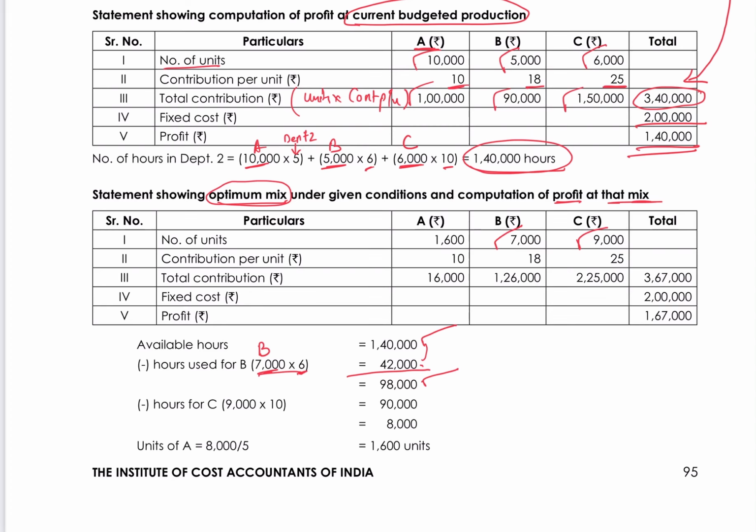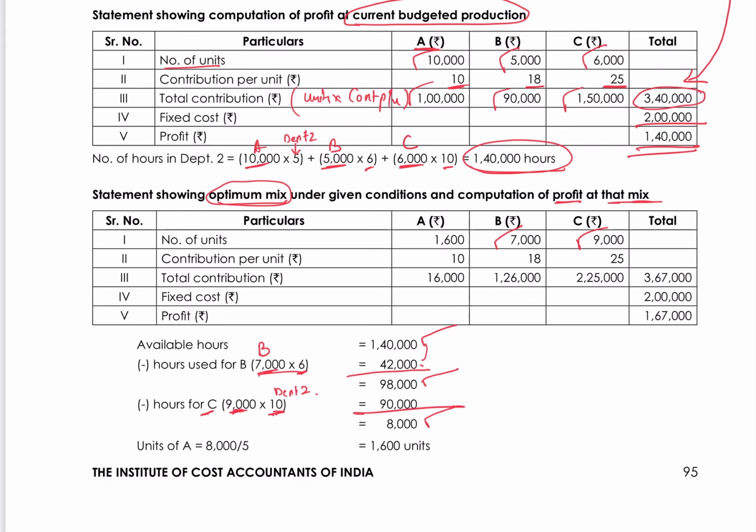Now second ranked is C, and we can make 9,000 units as maximum sales can reach that. Department 2's hours for product C are 10, so 9,000 into 10 is 90,000.